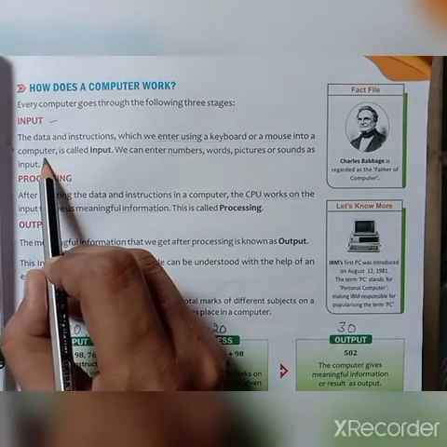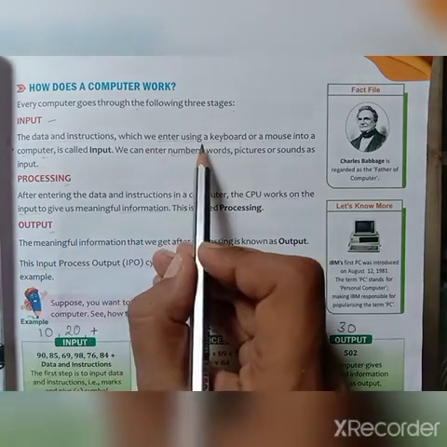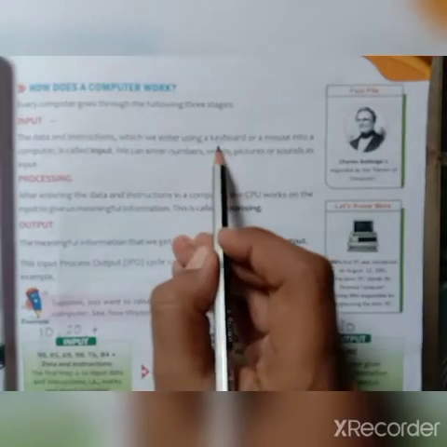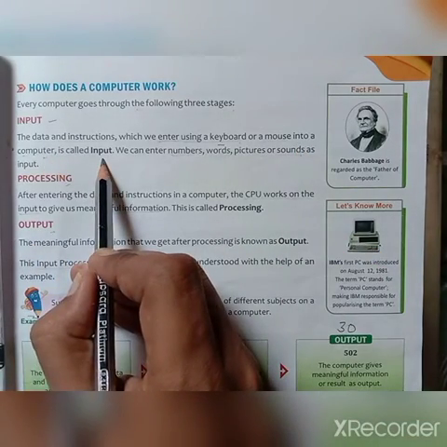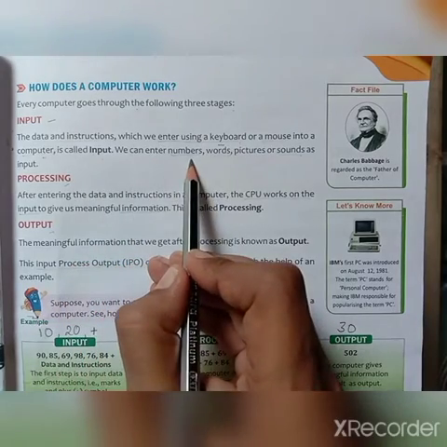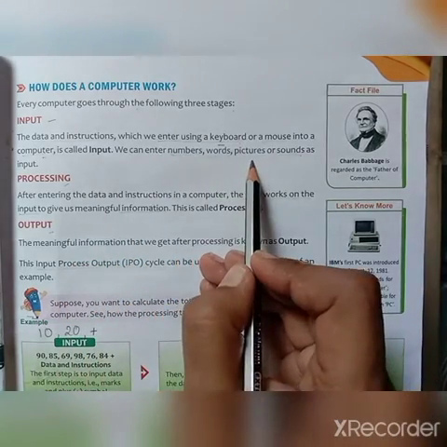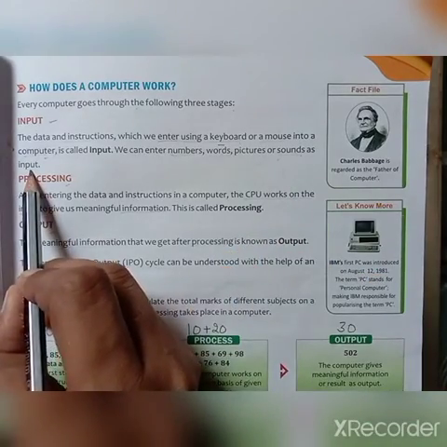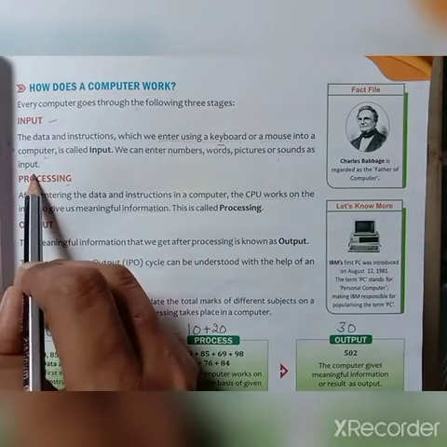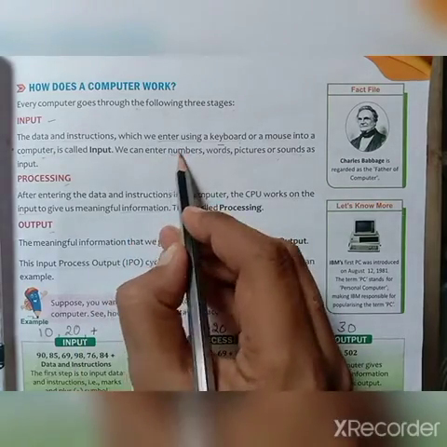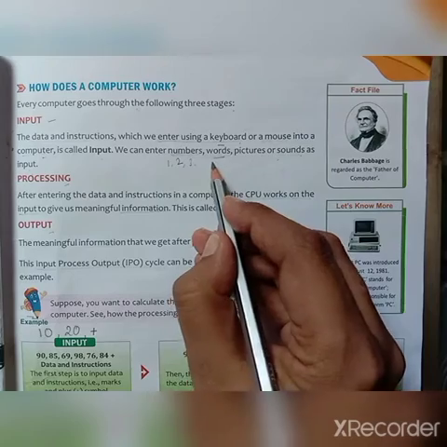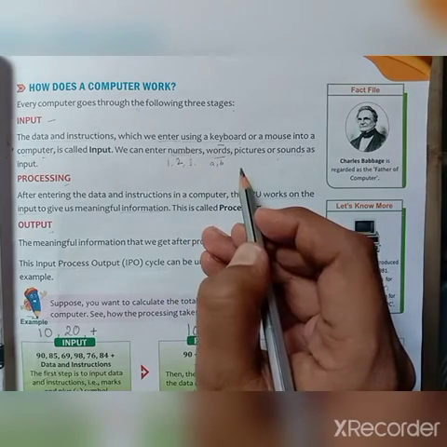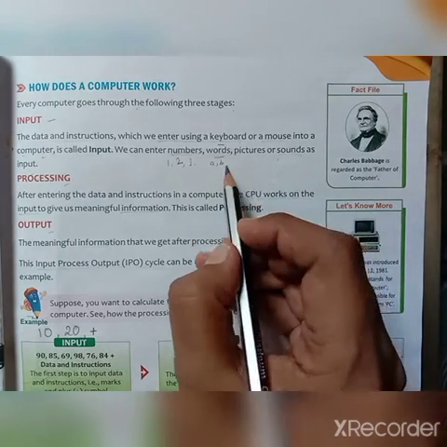This is called input. What type of data can we enter? We can enter numbers, words, pictures, sound and so on as input. Numbers are 1, 2, 3 and so on. Words are A, B, C, D, etc. Any type of words. Clear?